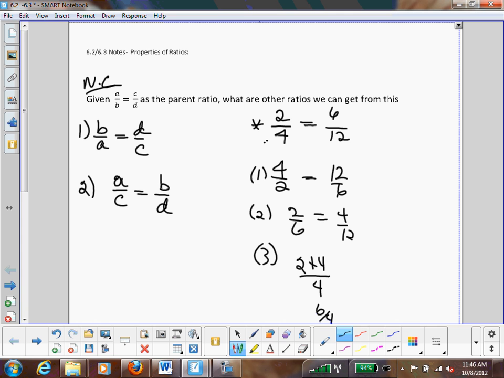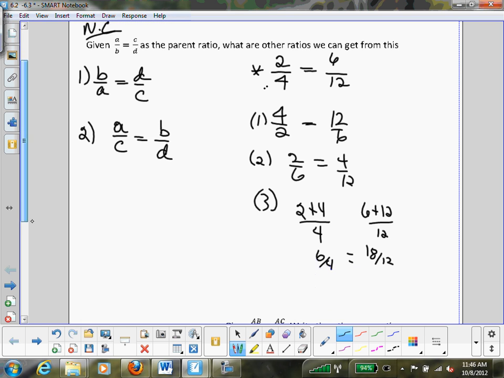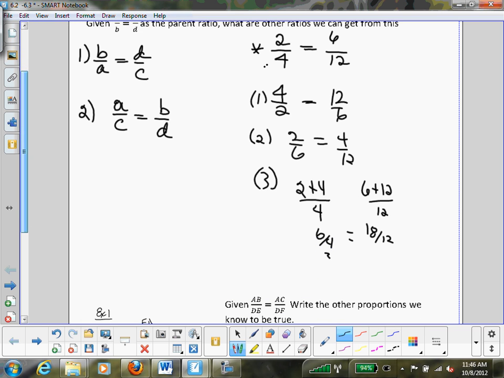Is that going to be the same thing as 6 plus 12 over 12, which is 18/12? Well, let's look. What is 6/4? 3/2. What's 18/12? 3/2. So how do I apply that over here with variables?